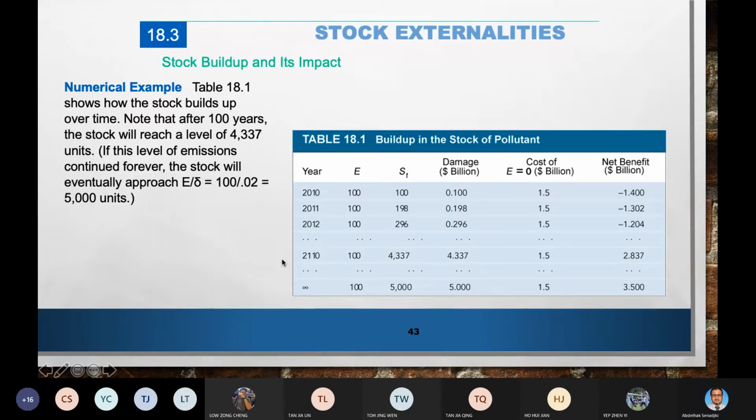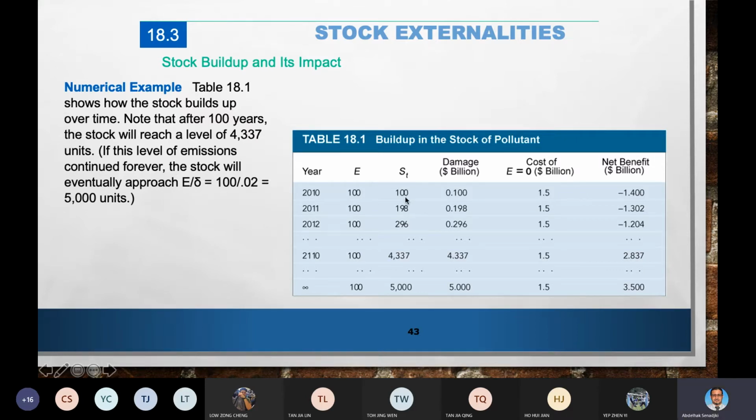Then we have also the stock of pollutant here. Where is the stock?